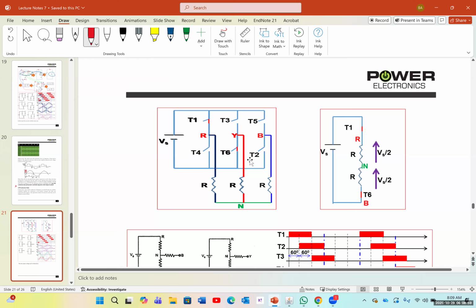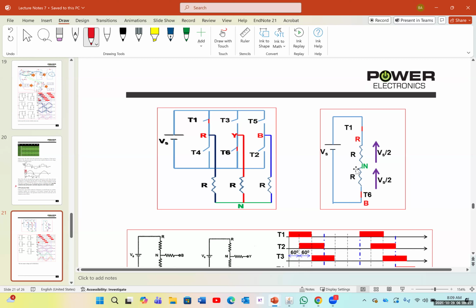If I have T1 and T6 connected, then if I draw a loop from Vs positive to negative, it's going to go through T1, this R, coming back through this R, and you can see that it's going through the negative side. So going through two R's technically, and N is the neutral point that we have here.